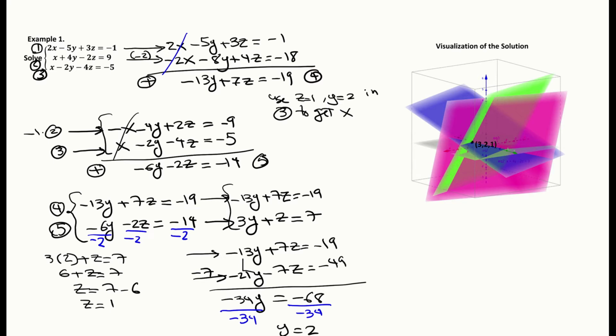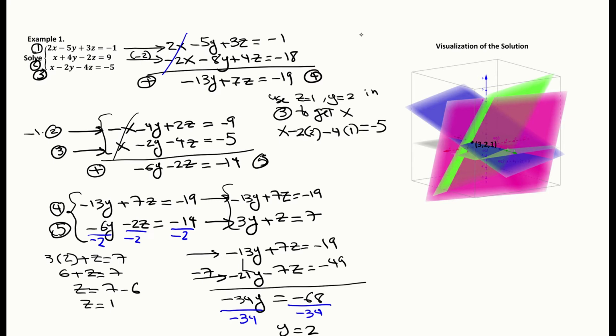So when I plug into equation 3, I get x minus 2 times y, which if you recall is 2, minus 4 times z, which as you can see is 1, equals -5.